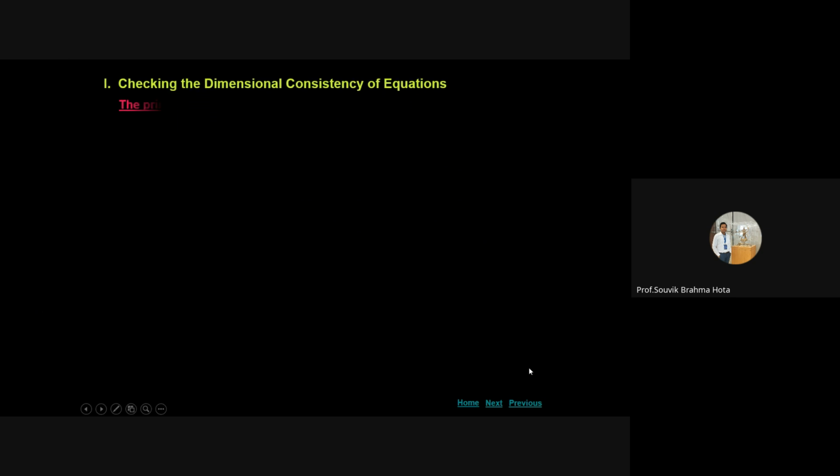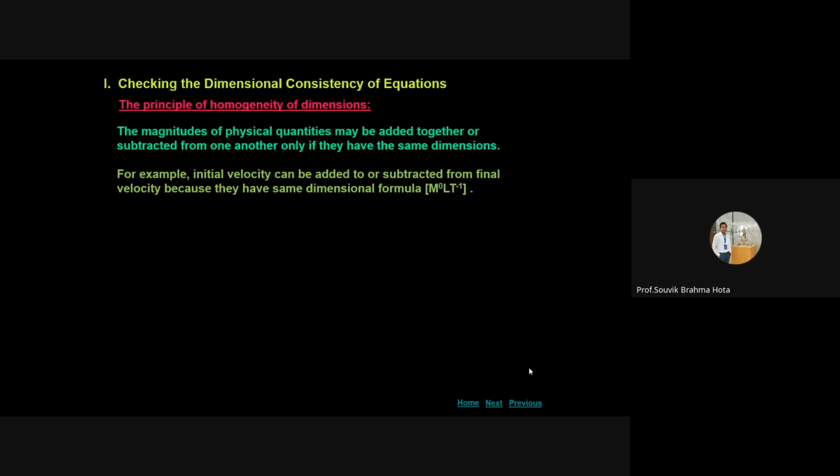What I was saying is that, according to the principle of homogeneity, the first concept is that physical quantities can be added together or subtracted from one another only if their dimensions are the same. Initial velocity can be added to or subtracted from the final velocity. Why? Both have the same dimensional formula.